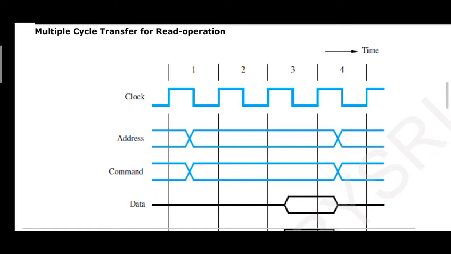So it almost uses 3 clock cycles or 3.5 you can say, right? A small fraction of delay you can see at the first clock cycle for address and command, and it is almost completed at the 4th clock cycle, right?